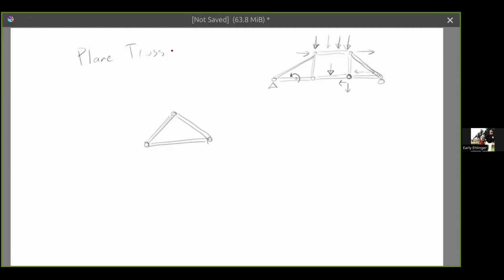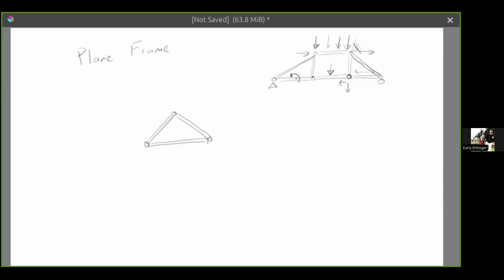Next we have the plane frame, which is similar to a plane truss, except that we can have rigid joints and therefore bending can transfer. The big difference with a plane frame is that now we allow fixed supports. So we could put something here and say that node can't rotate.